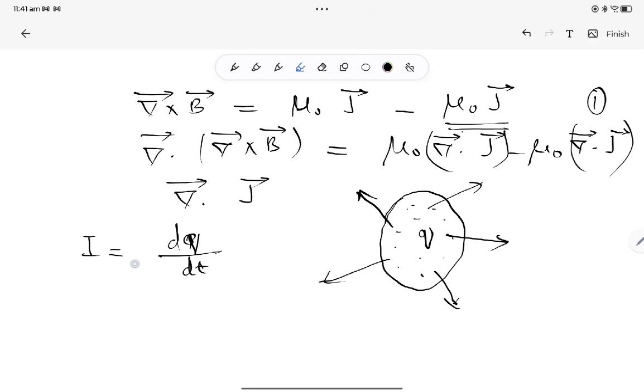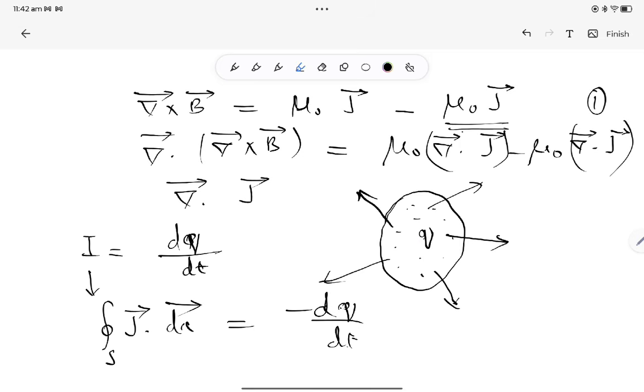Now, but you know, I can be replaced by the integral of J dot dA, where J is current density, and S is a closed surface, and this is dq by dt, with a coefficient, of course. I will write minus here, because this charge is actually decreasing with time, because charge is leaving.